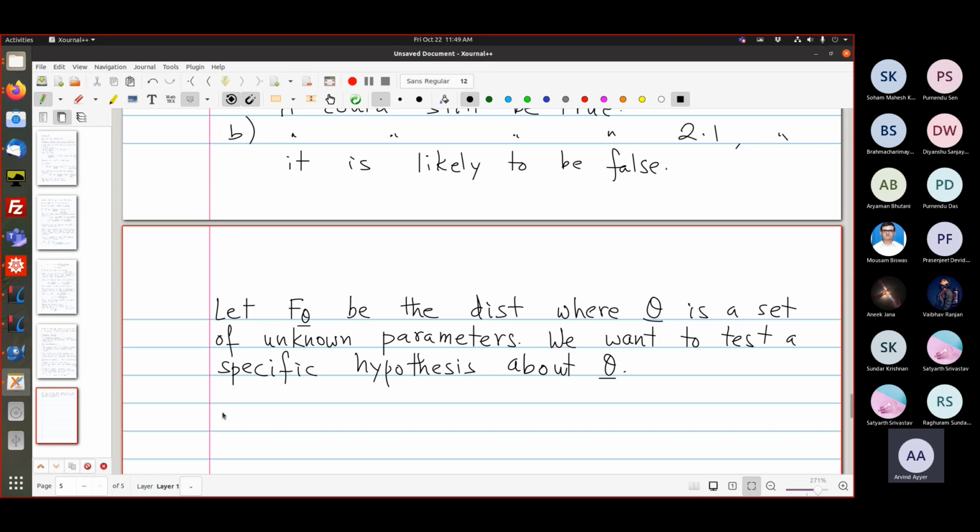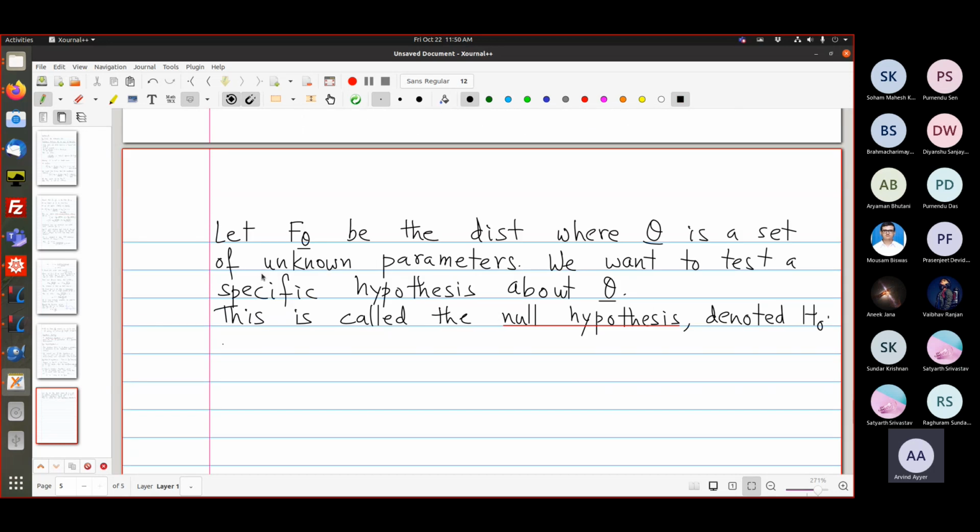The hypothesis we are testing has a name: it is called the null hypothesis, denoted capital H0. This is the standard terminology.